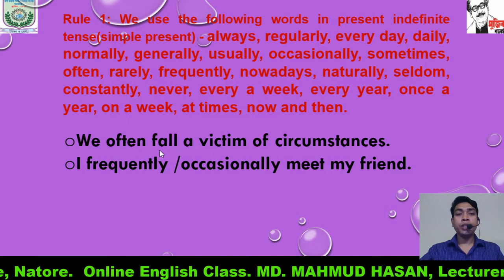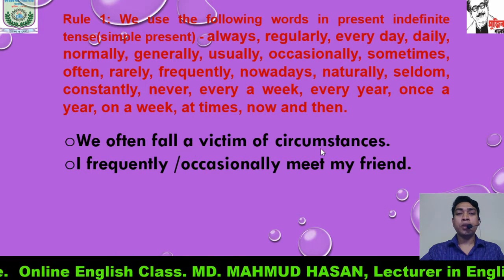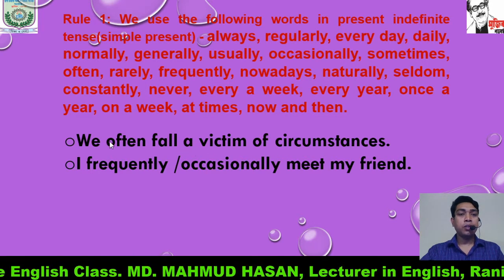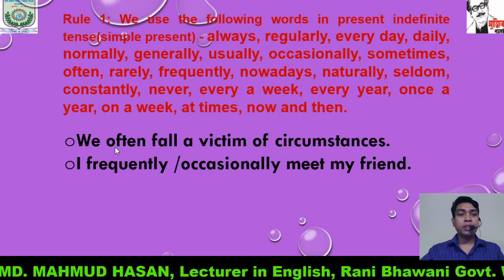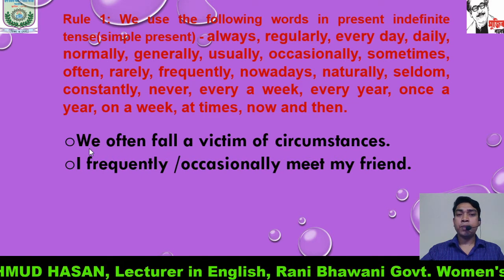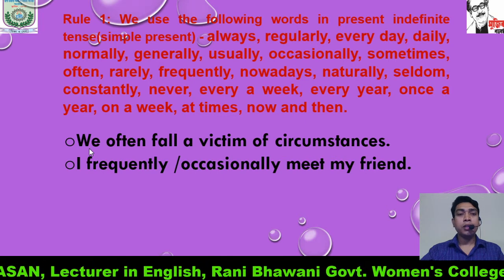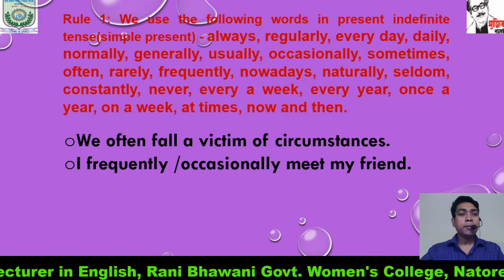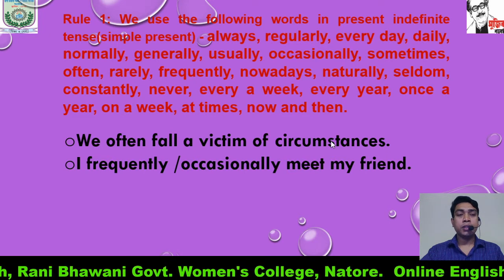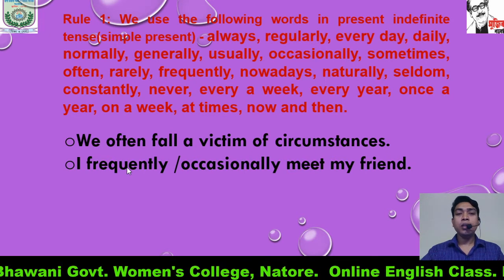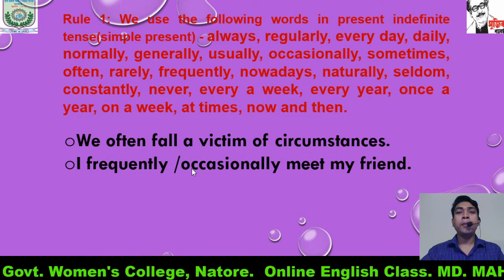Here are two examples. We often fall a victim of circumstances. We have often here, that is why it is simple present tense. I frequently or occasionally meet my friend.